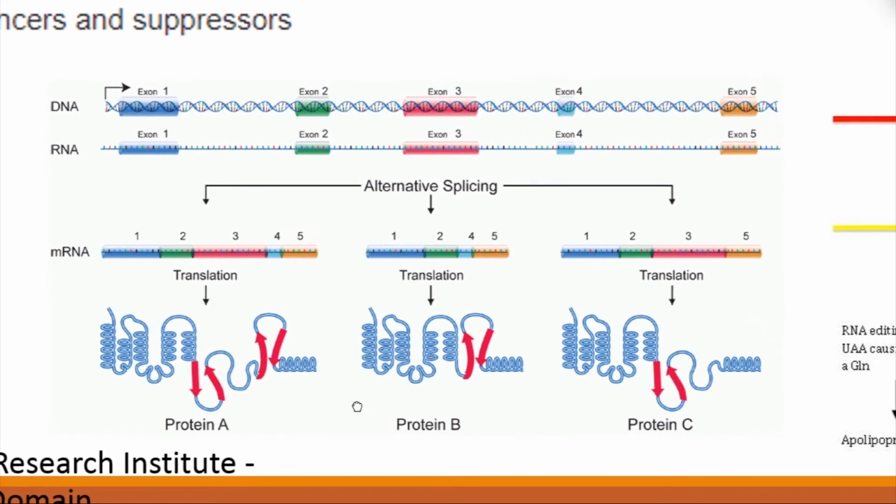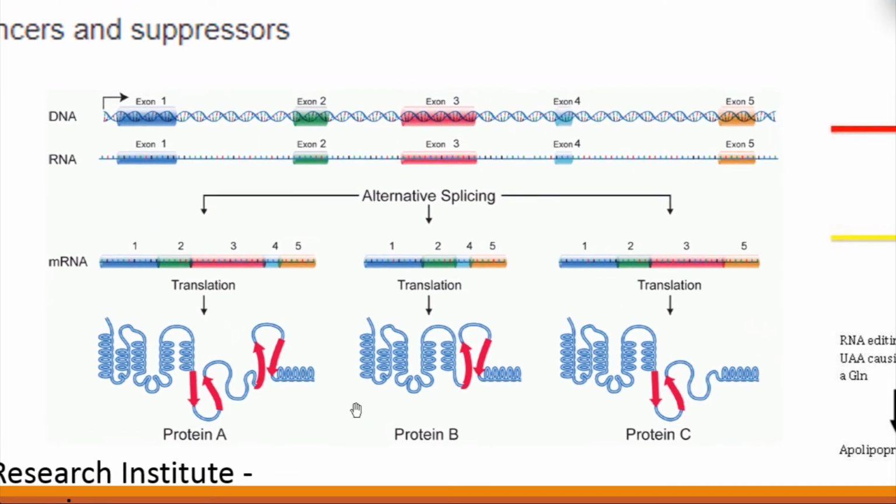Alternative splicing, which is also known as differential splicing, is a regulated process during gene expression that results in a single gene coding for multiple proteins. In this process, particular exons of a gene may be included or excluded from the final product, which will be processed further to form your protein.